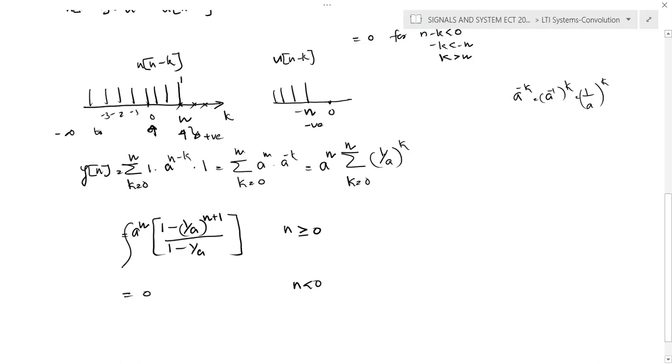So we can write the final result like this: y of n is equal to a raised to n into 1 minus 1 by a raised to n plus 1 by 1 minus a. We can also simplify this.